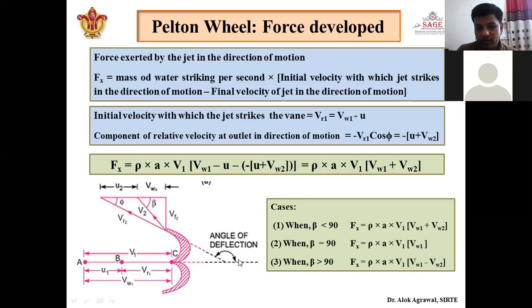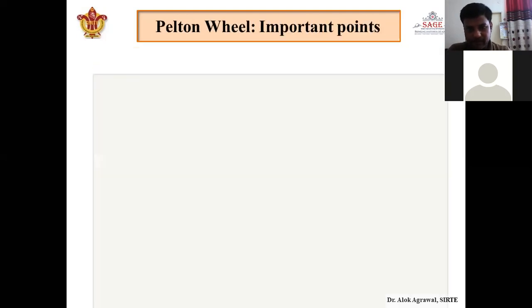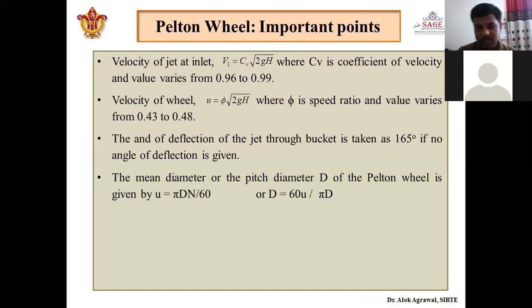This complete angle is 180 degrees. So when we subtract angle of deflection from 180 degrees, we will get this angle, and this angle is equal to phi as alternate opposite angle. So like this, if angle of deflection is given, we can calculate the value of phi by subtracting angle of deflection from 180 degrees. If it is not given in the question, we have to take it as 165 degrees.